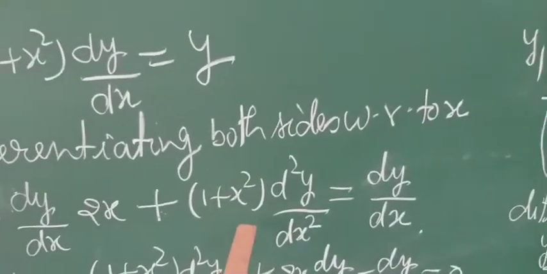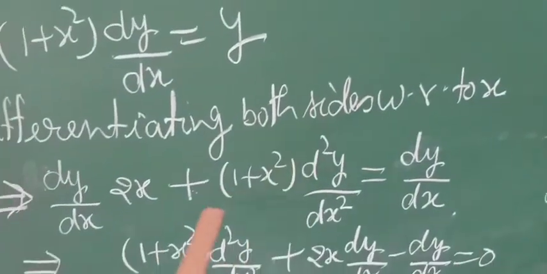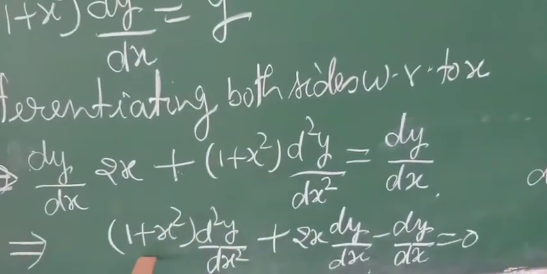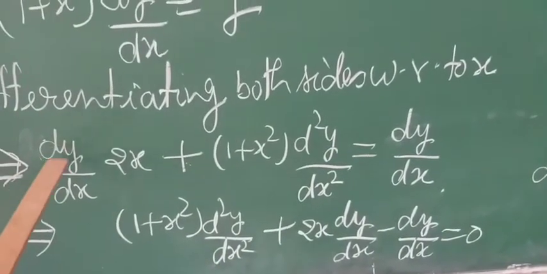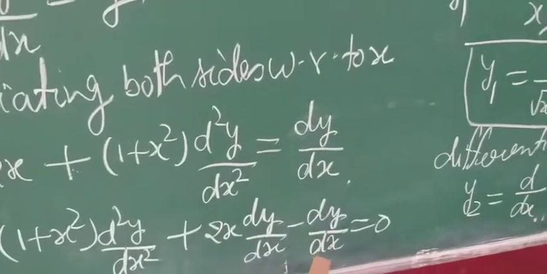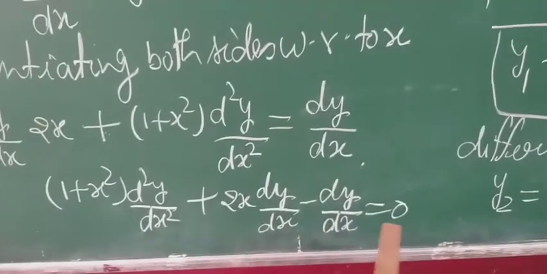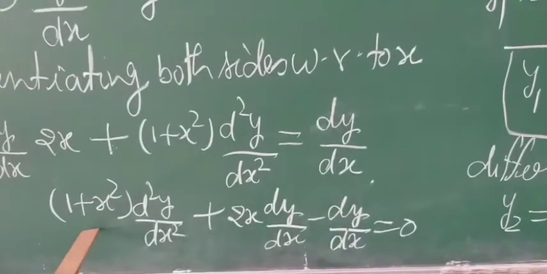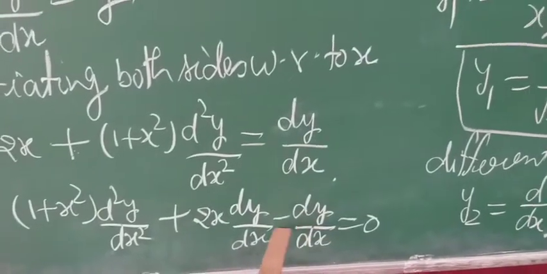Now students, dy by dx, we will transpose this side: (1 plus x square) d square y upon dx square equals x dy by dx minus dy by dx. So students, we can take dy by dx common here. (1 plus x square) d square y upon dx square plus dy by dx is common.